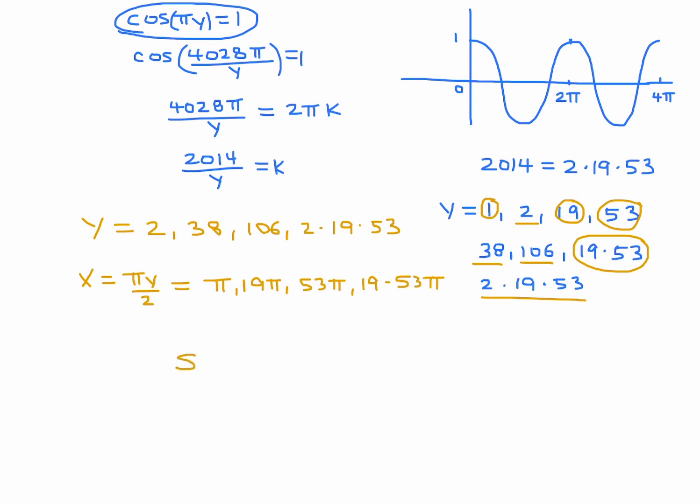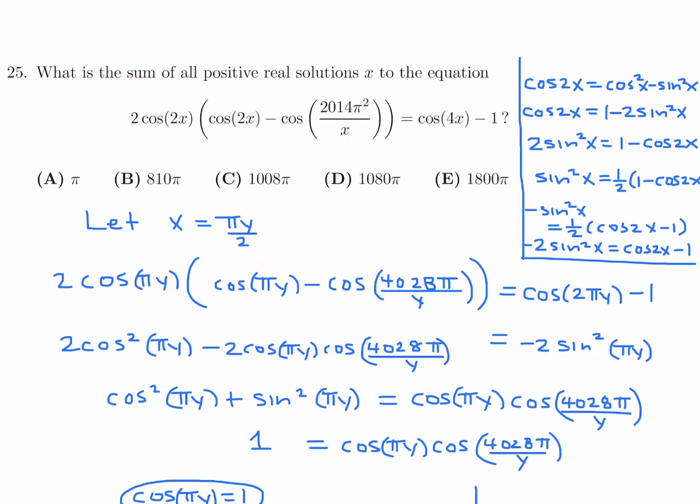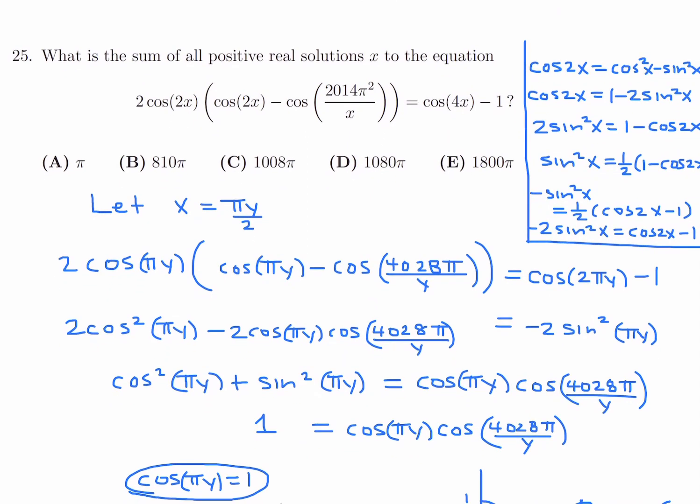So the sum of the values of x are basically pi plus 19 pi plus 53 pi plus 19 times 53 pi. And when you add all those up, you get 1080 pi. And therefore, the answer to number 25 is D.